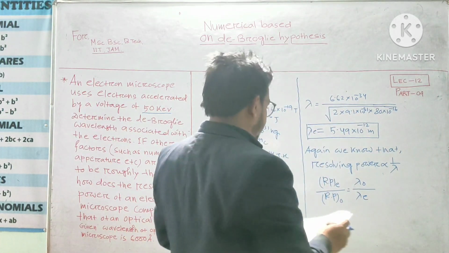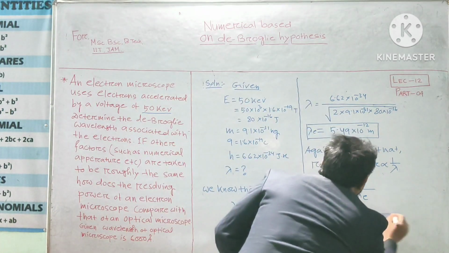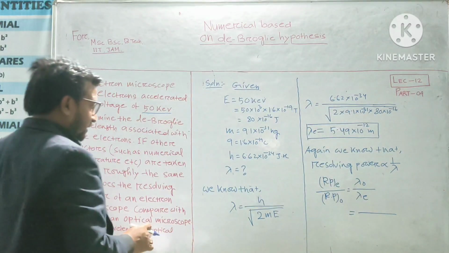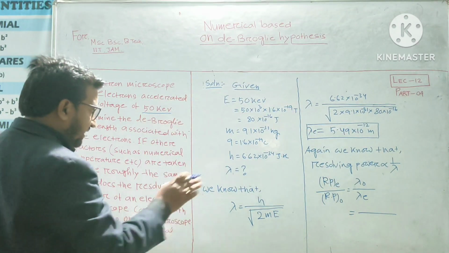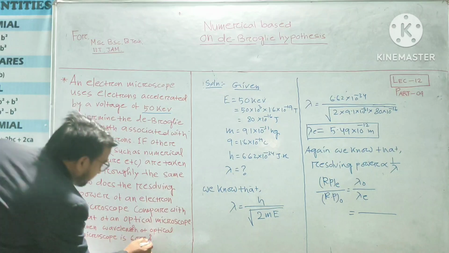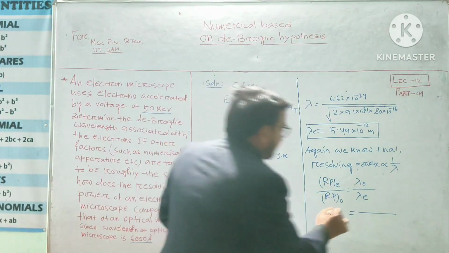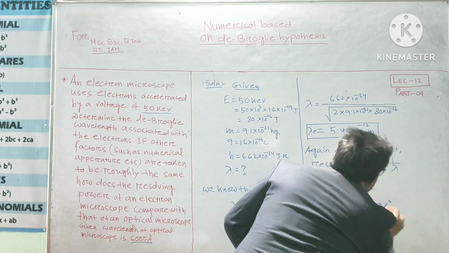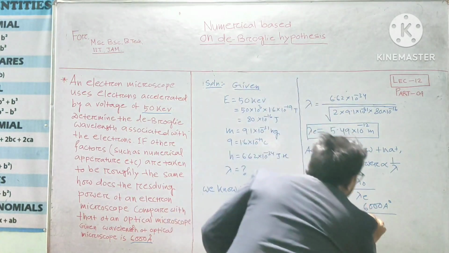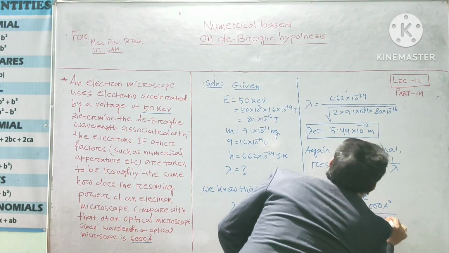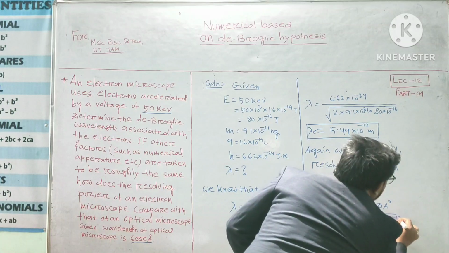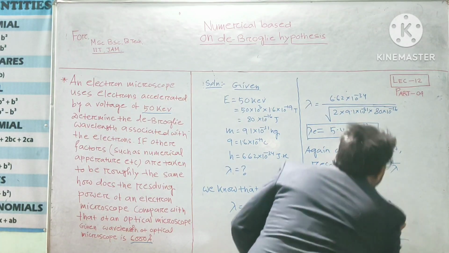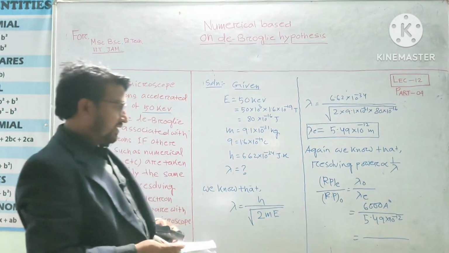Now we can put the value: the wavelength of the optical microscope is 6000 angstrom. So we can write lambda O equals 6000 angstrom, and lambda E equals 5.49 into 10 to the power minus 12. Angstrom is not the SI unit of wavelength, so it should be converted into the SI system.